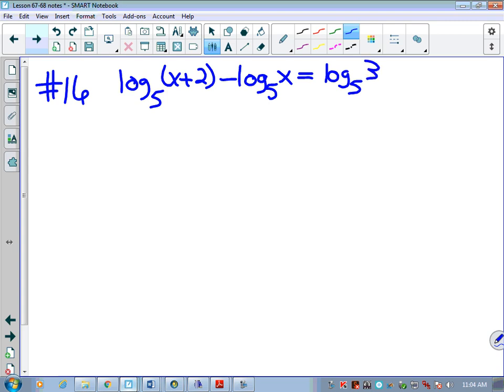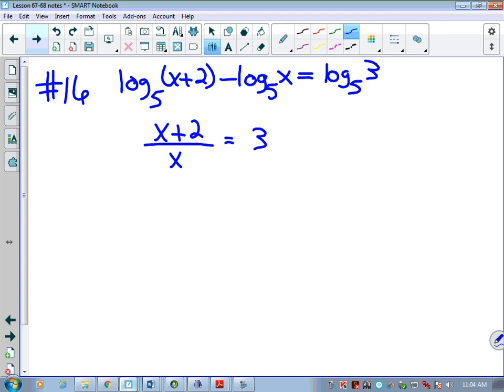We always like to see log, all my bases all the way across, which means ultimately, what can I do with those logs? Drop them off at the pool. What does this subtraction become as I drop those logs? Division. x plus 2 divided by x equals 3.